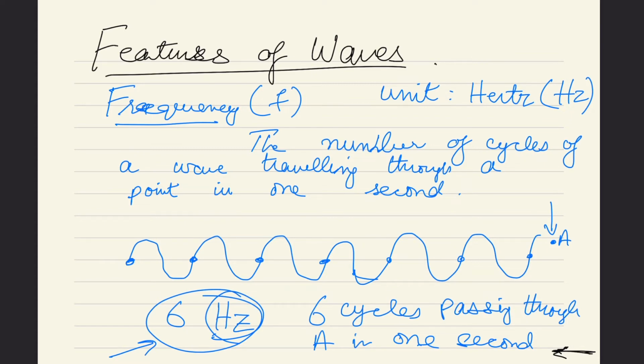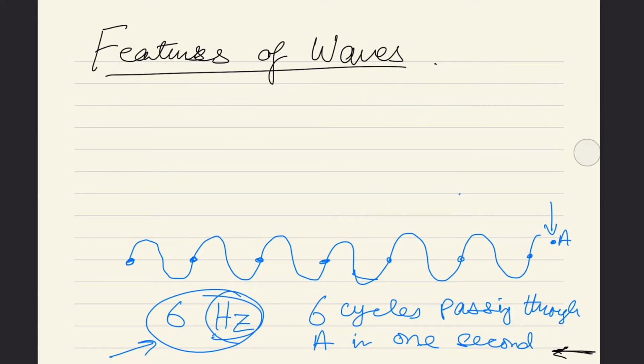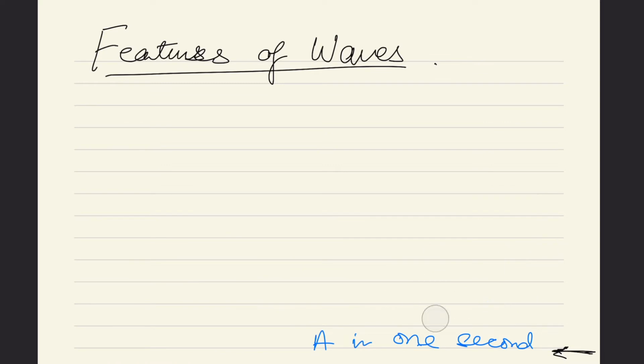Now the next thing that we have to discuss is the time period. So let me just erase it. Time period. So time period is basically opposite of the frequency.